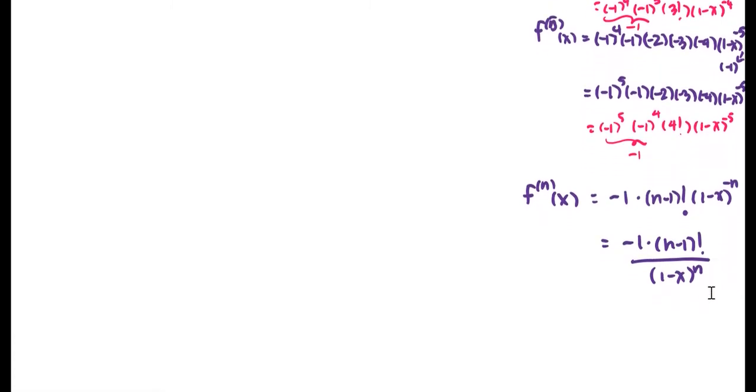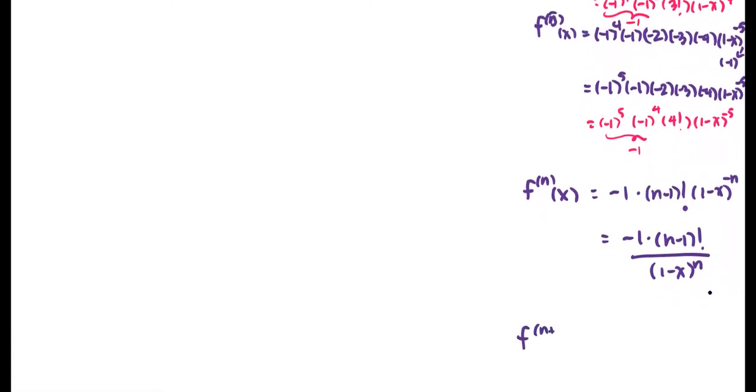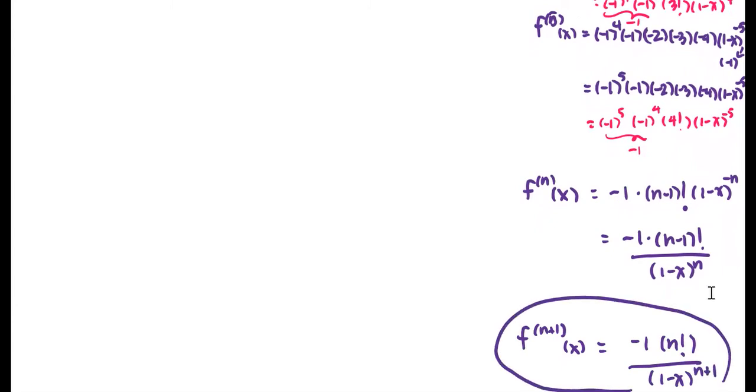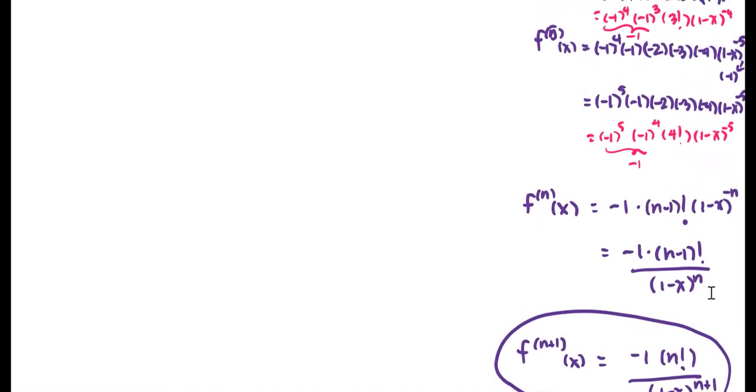We're going to need the n plus 1 derivative. So the n plus 1 derivative of the function at x equals negative 1 multiplied by n factorial divided by 1 minus x to the power n plus 1. And then we use this in the formula for the Rn.